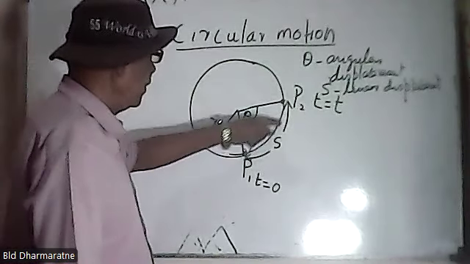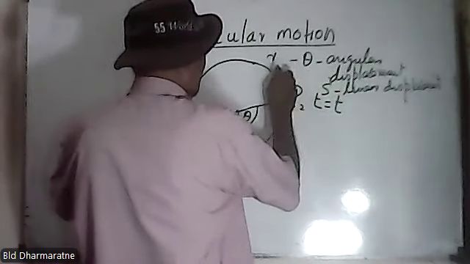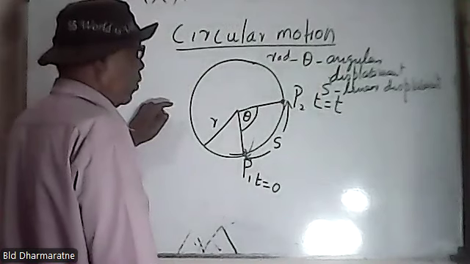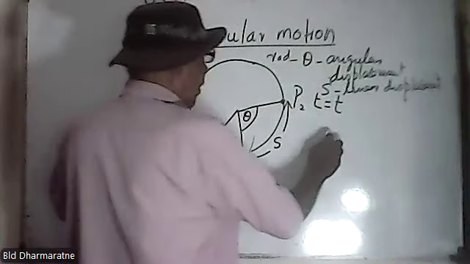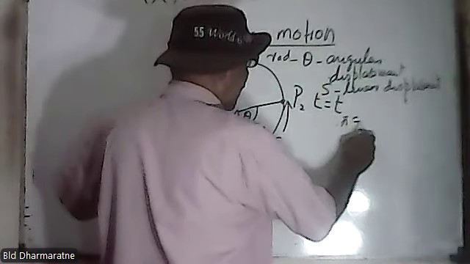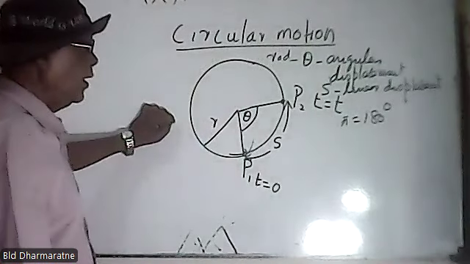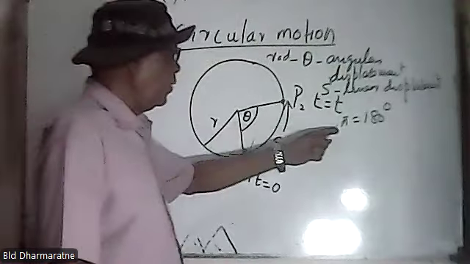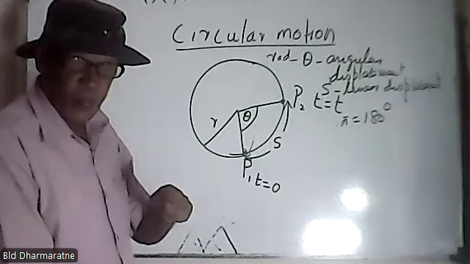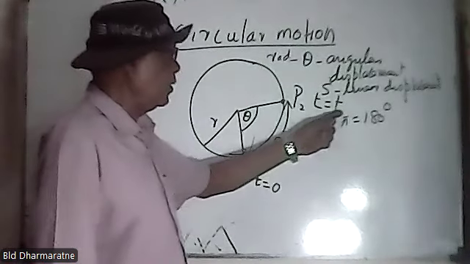S is in meters. Theta is in radians. You must remember this: 2 pi radians, or pi radians, is equal to 180 degrees. Using this formula, we can always convert degrees to radians and radians to degrees.